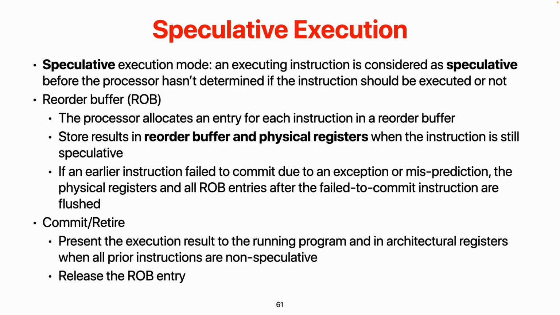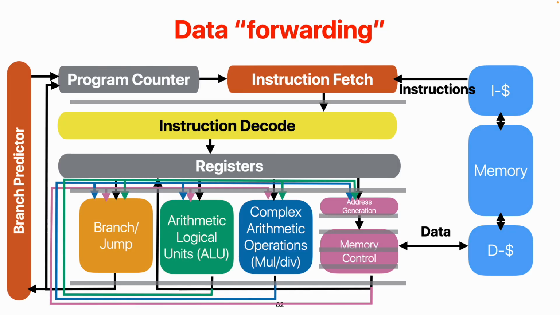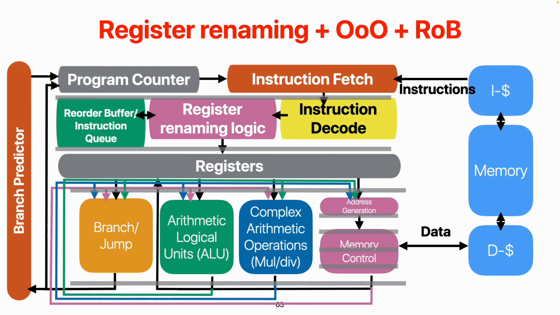So now, in your processor pipeline, it gets a little bit complicated, in that whenever you generate a result, the instruction result is put in the reorder buffer. And only if that result is 100% sure to be seen by the programmer do we commit, or say retire, that instruction.